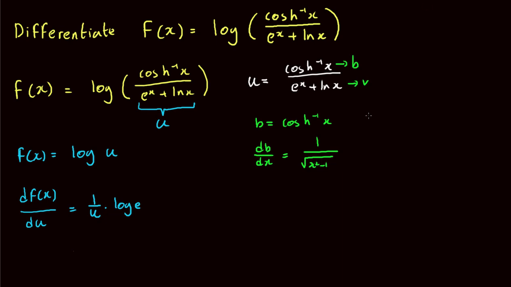And v is e to the power of x plus ln x, and dv dx would be e to the power of x plus 1 over x.